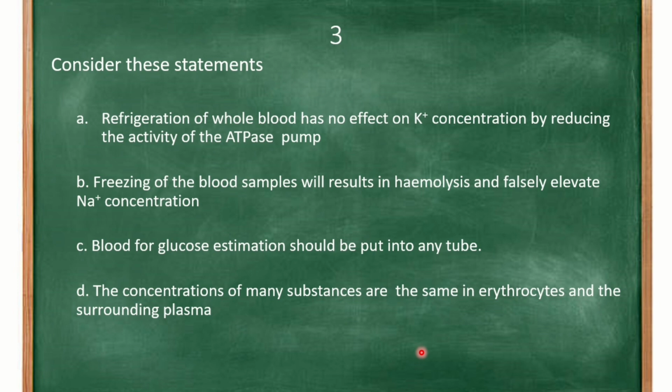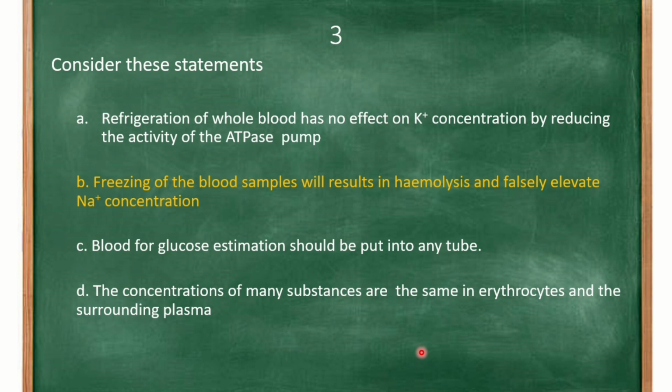So the answer for question 3 is B, freezing of the blood sample will result in hemolysis and falsely elevated sodium concentration. So let's analyze our results. A says that refrigeration of whole blood has no effect on potassium concentration by reducing the activity of the ATPase pump.